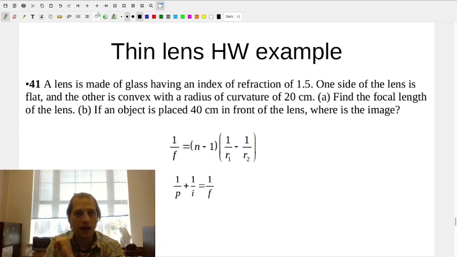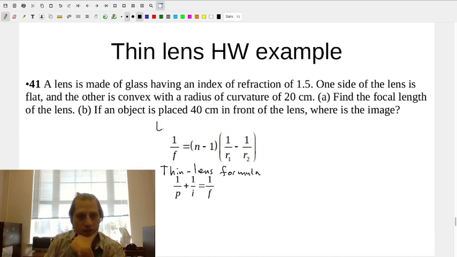Now let's see, how would you use this relationship? Well, it turns out that this is called the thin lens formula, and this is called the lens maker's formula. And it says a lens is made of glass having an index of refraction of 1.5.